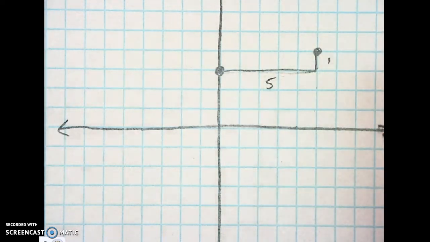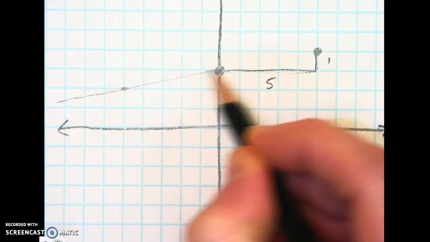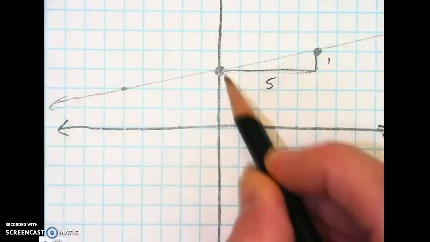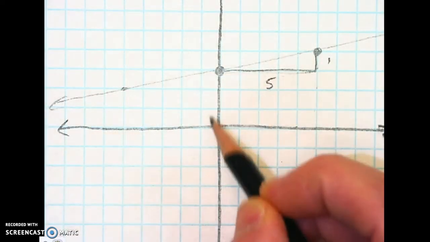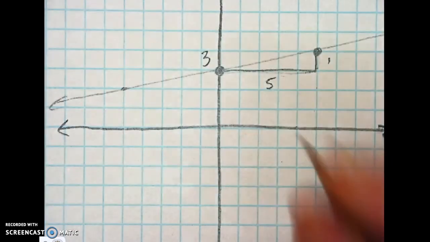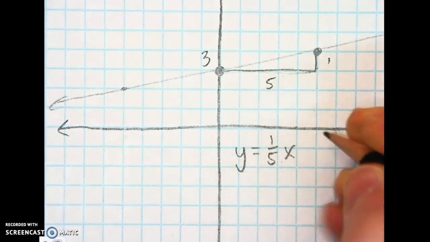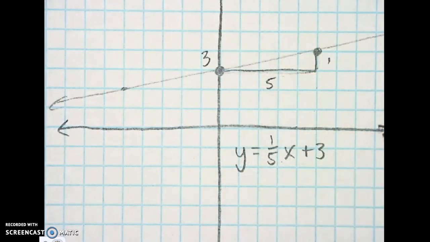And then when you draw your line in there, continuing that pattern, you can see exactly what the y-intercept is. It's 3. So the equation is y equals 1/5 x plus 3.